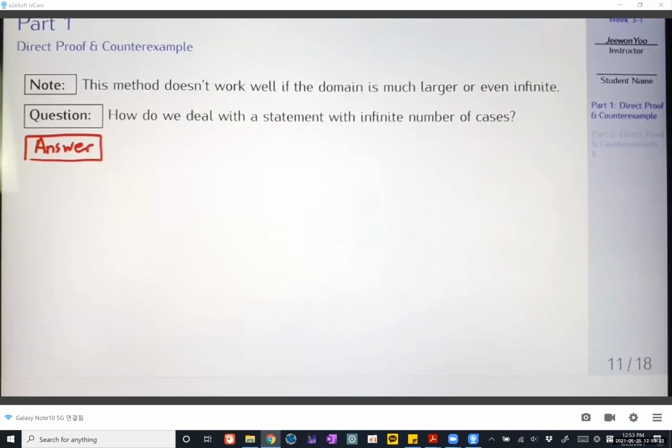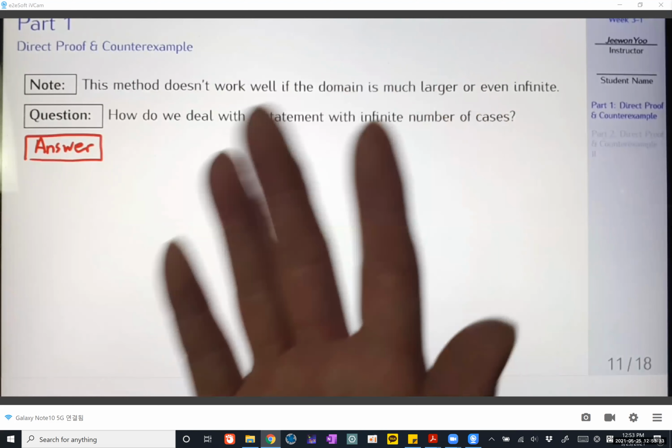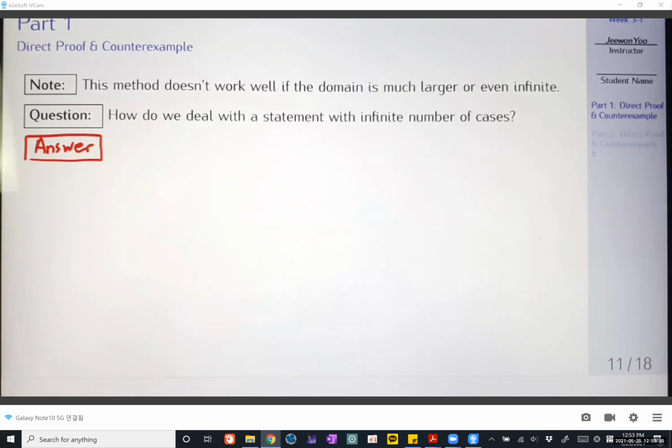What was the special name that I gave you when you're dealing with an infinite number of domain elements? You're welcome to use the textbook way or my idea of calling this kind of infinite domain.